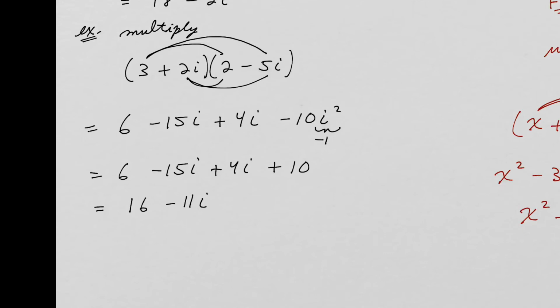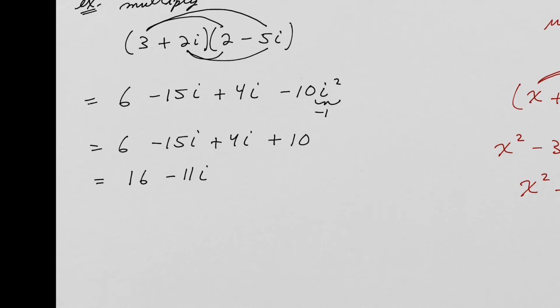All right, so we did addition, subtraction, multiplication. Let's talk a little bit about dividing complex numbers. So to divide, let me go to a new page here. So dividing complex numbers.